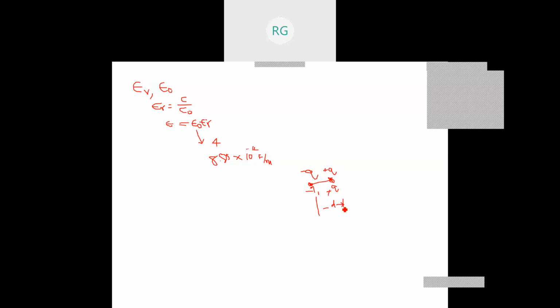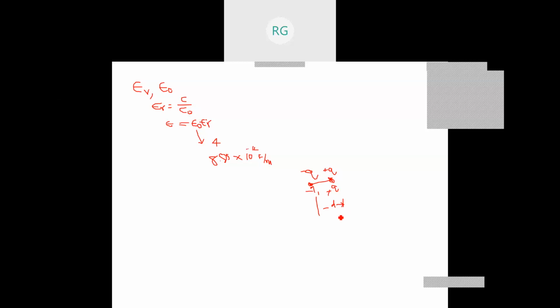Now when I don't keep these dipoles in an electric field, they are not experiencing any force. Suppose I would like to keep it in an external field.